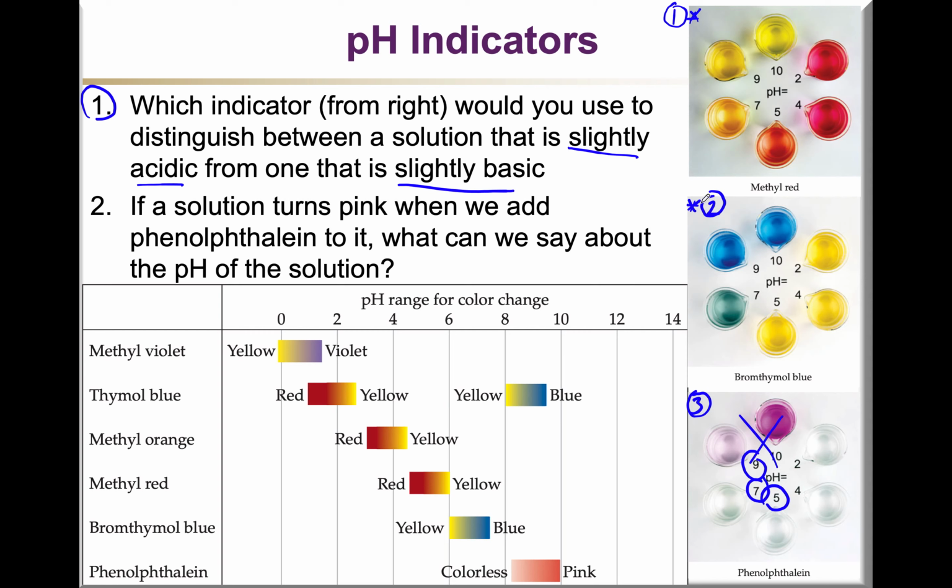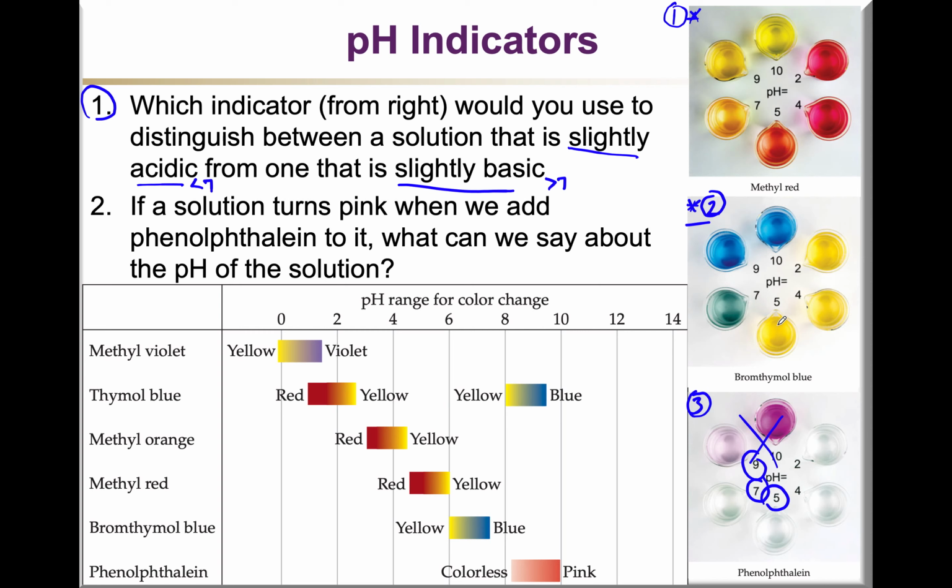Now the other 2 indicators might work depending on your color sensitivity, but I would personally say that number 2 would work better. And the reason for that is that something that's slightly acidic means that it's slightly less than 7 for the pH, and something that is slightly basic is slightly greater than pH 7. So what I want is to see a significant color change near 7.